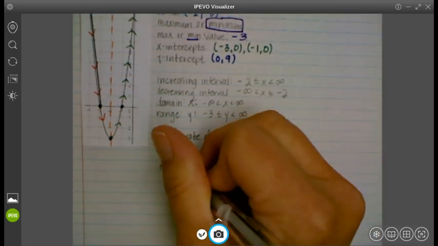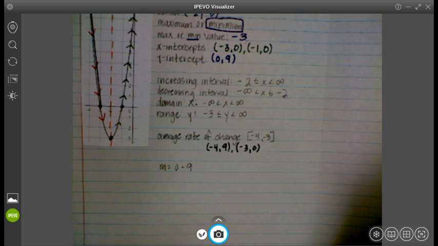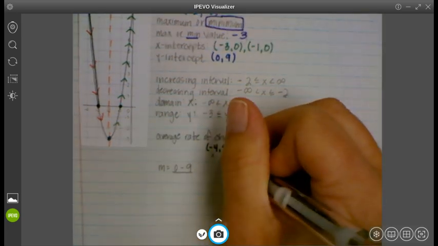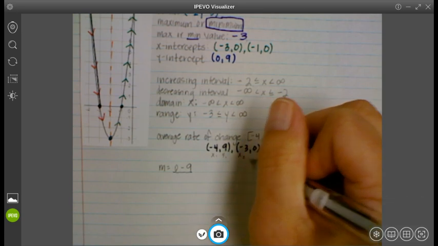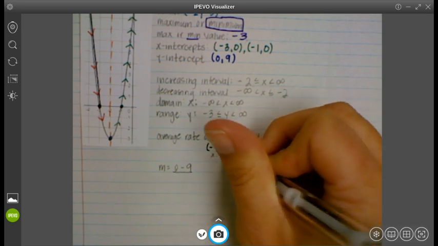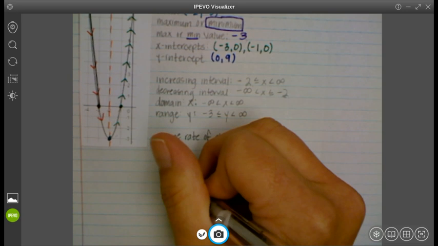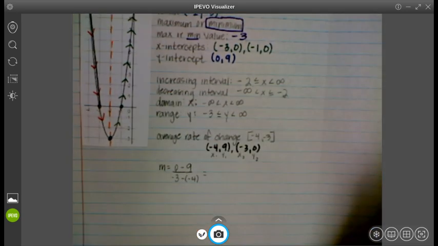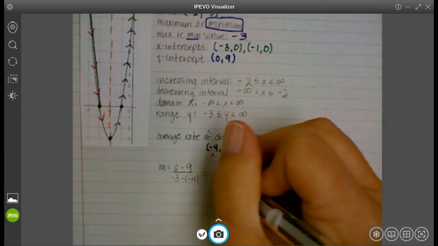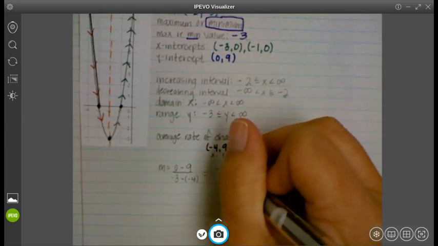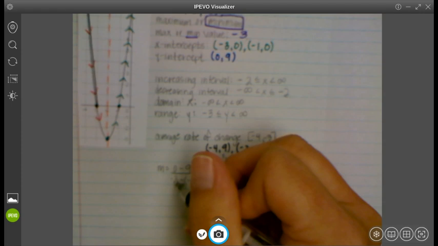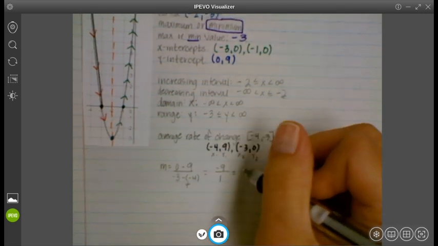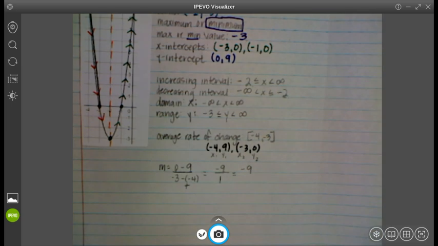That's going to be 0 minus 9, divided by -3 minus a -4. That's -9 divided by -3 plus 4, which is a +1. So our slope is -9.